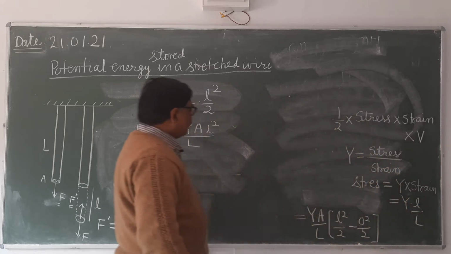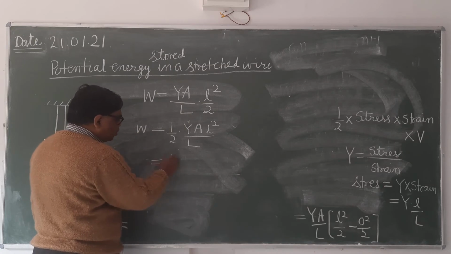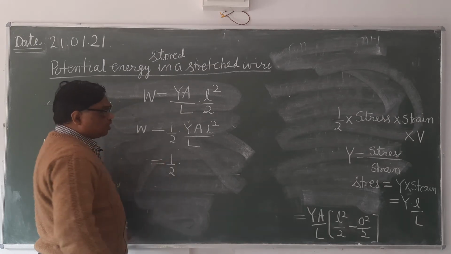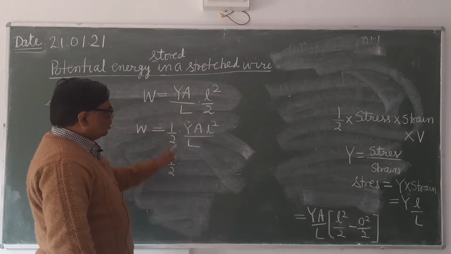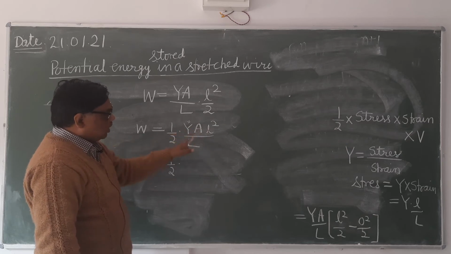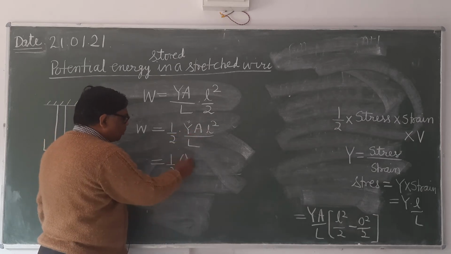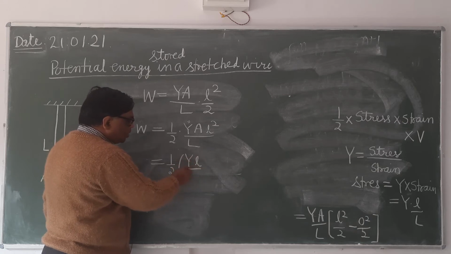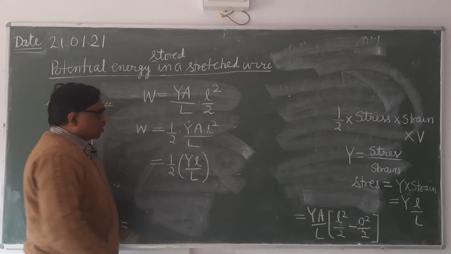So see here, you write in this way: 1 upon 2, because there is 1 upon 2. Then you write y into small l upon capital L in one bracket. Is it clear?